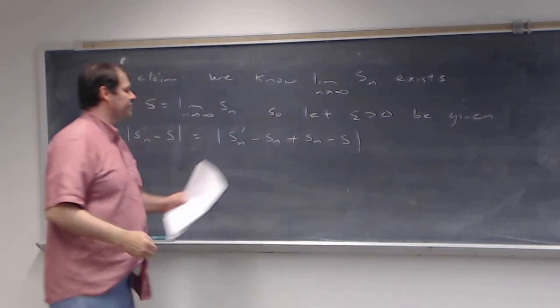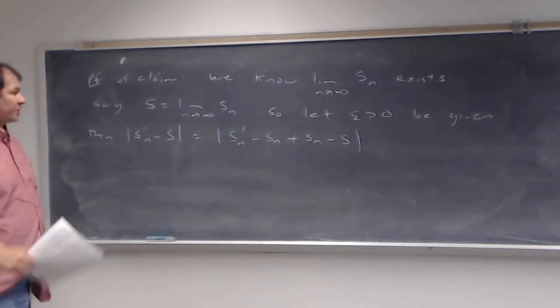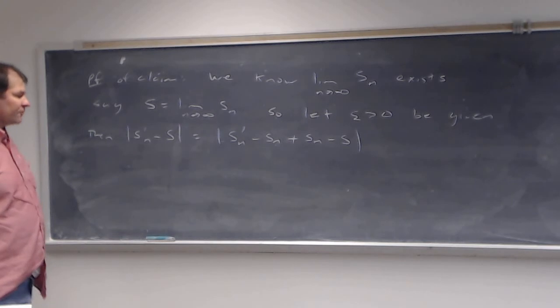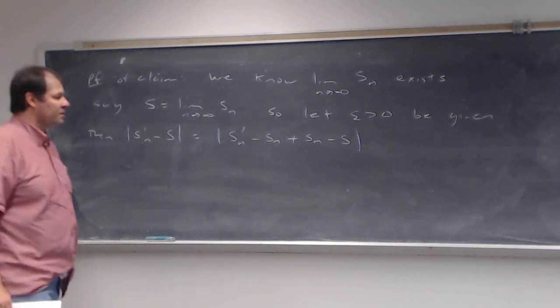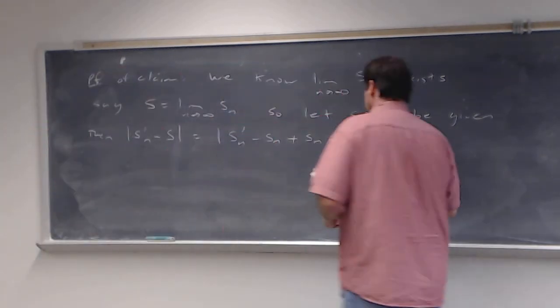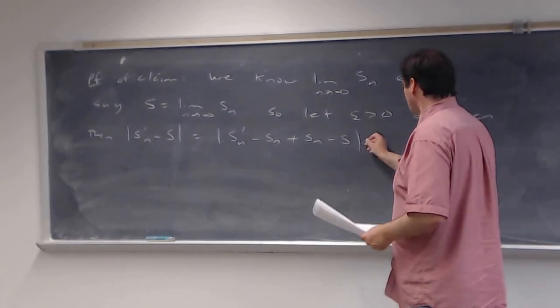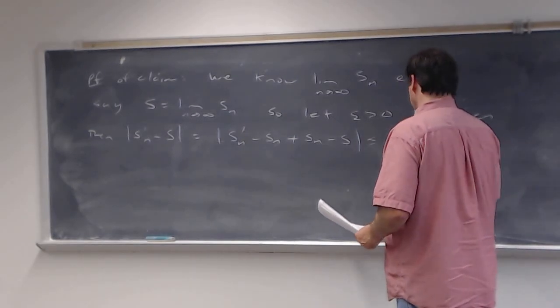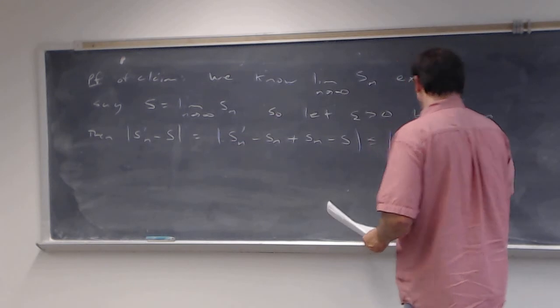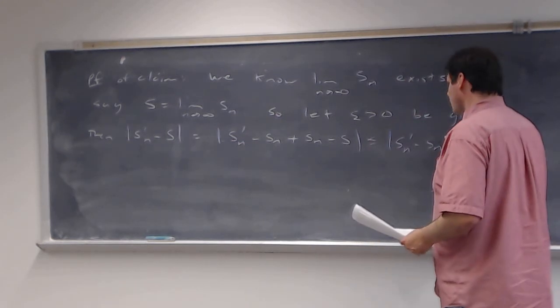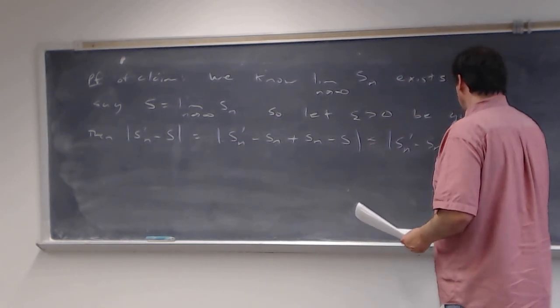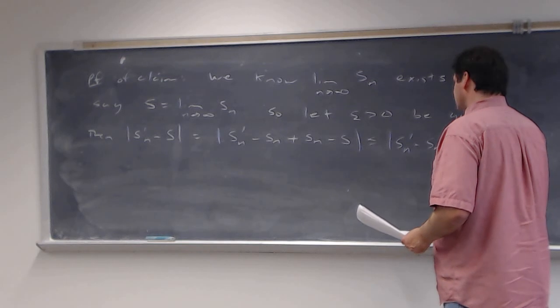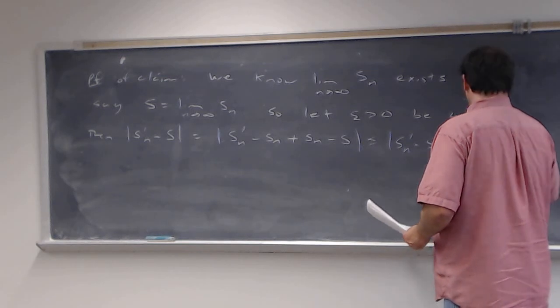So I just introduced this term from the sequence of partial sums from the original series. And that's going to be less than or equal to the norm of S of n prime minus S of n, plus the norm of S of n minus s.